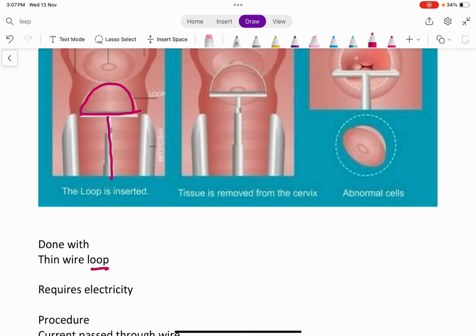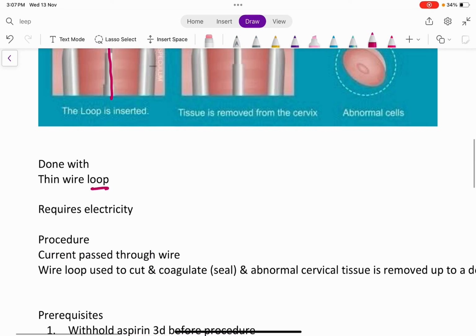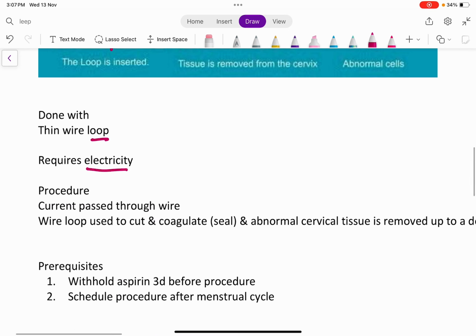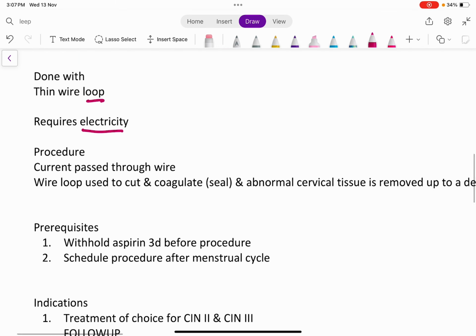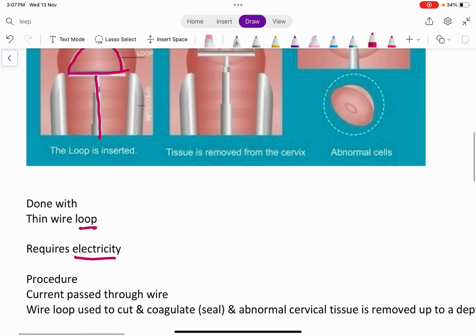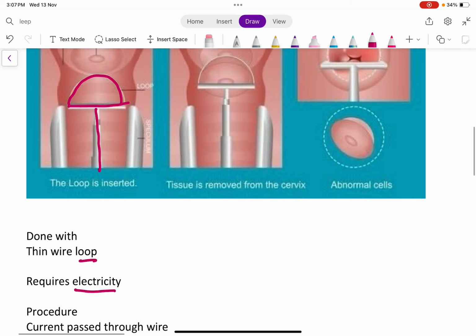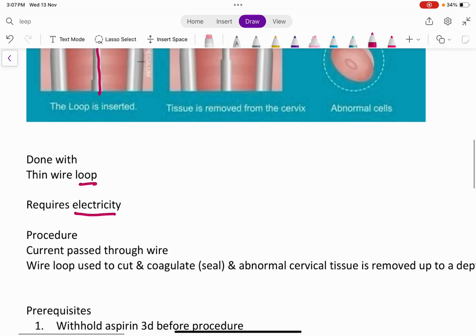So with the help of a thin wire loop, we are going to perform this procedure. As we know from the term LEEP, loop electrosurgical excisional procedure, we have a loop and electricity, so this procedure requires electricity. What is the actual procedure? The current is passed through the wire. This is the loop, and the electricity is passed through this wire.